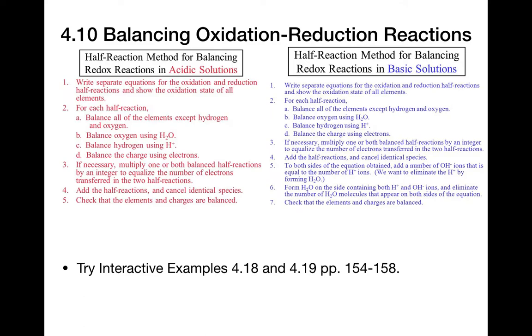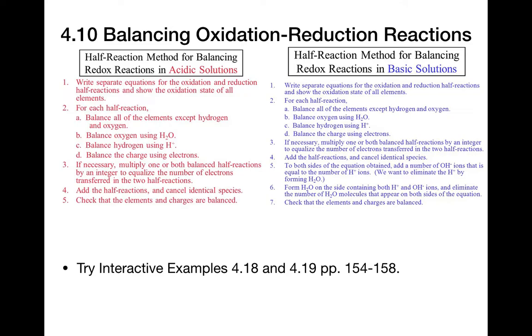Oxidation-reduction reactions typically occur in either acid or base solutions. If you're writing oxidation-reduction reactions in acidic solution, you're going to take the half reactions and write the separate reactions for the oxidation and the reduction steps, showing all the oxidation states of all the elements.